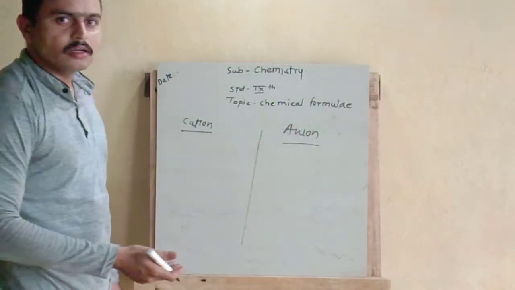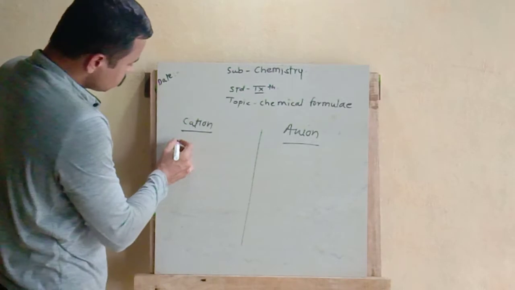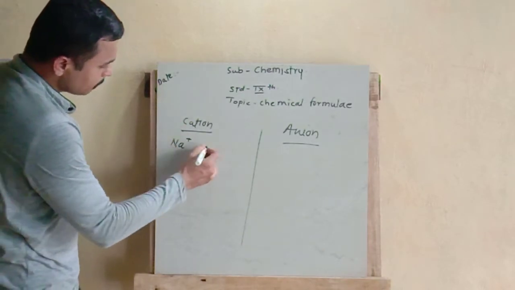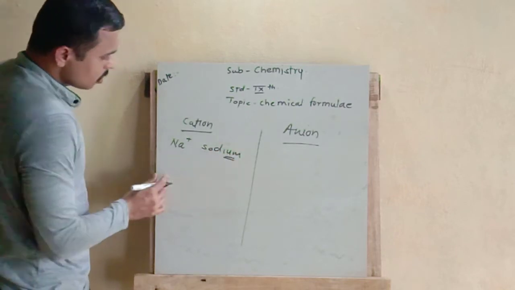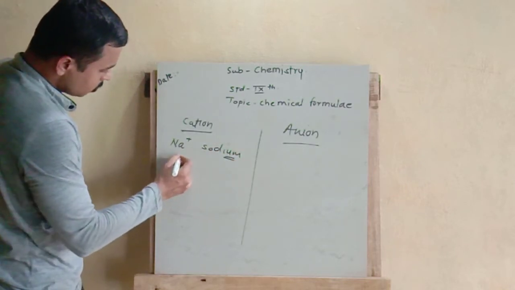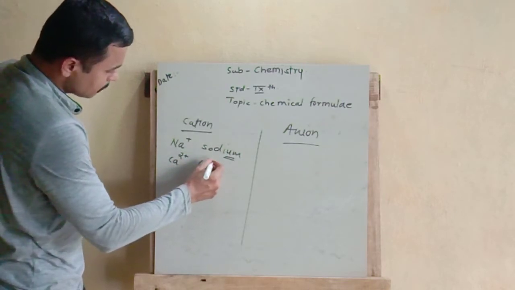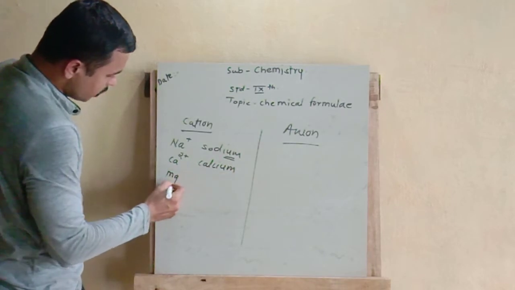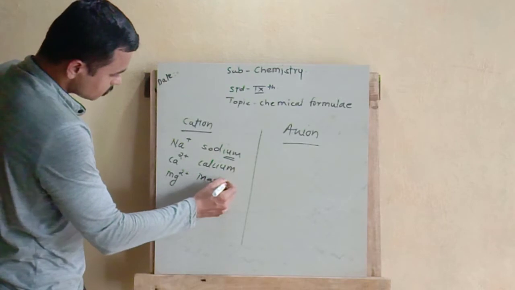And what is anion? That species which has a negative charge. So just now I told you this is sodium. Then suppose if I am writing Ca2 plus, that is calcium. Then Mg2 plus, that is magnesium.